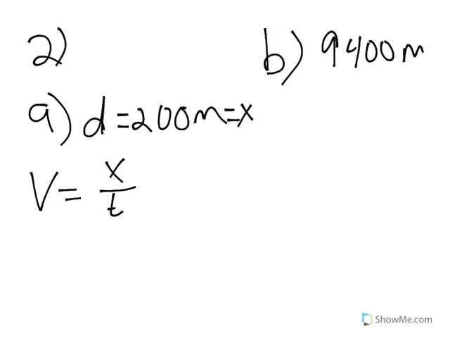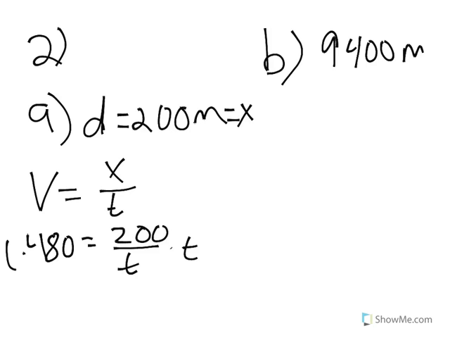So we would do 480 equals 200 over t. Multiply t up, and then we would get 480 t equals 200. Divide by 480, and we would get t is equal to 0.42 seconds.